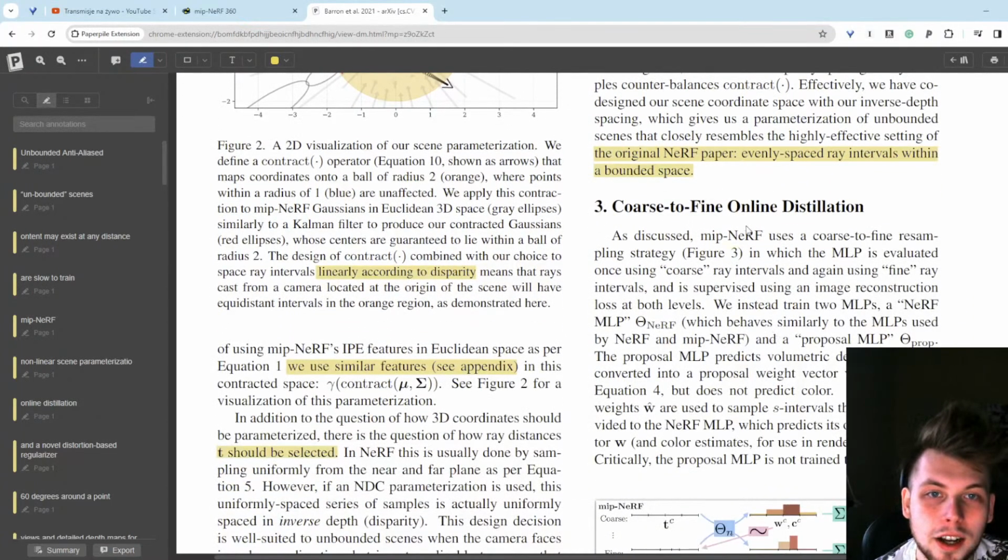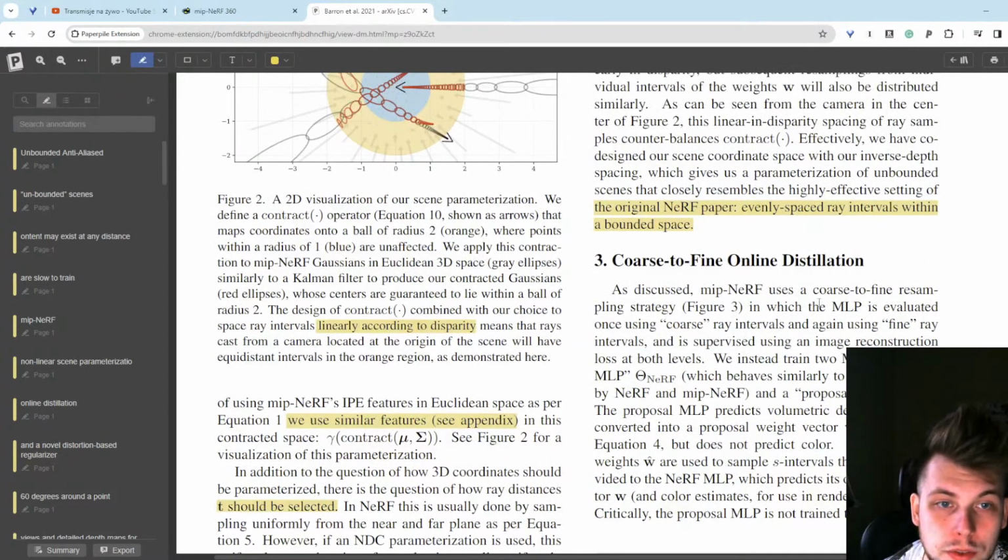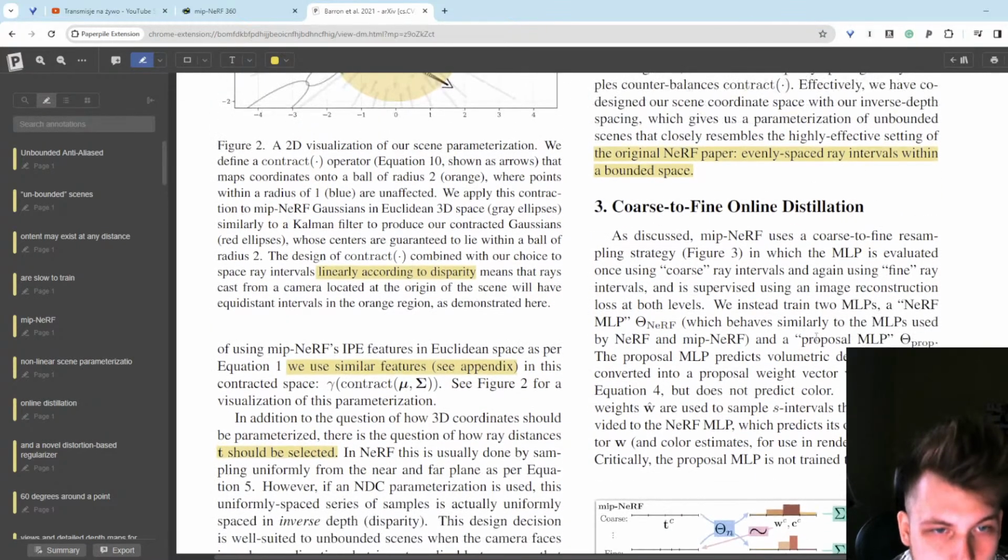Okay, what's next? Coarse-to-fine online distillation. That will be the idea for this proposal network. As discussed, Mip-NeRF uses a coarse-to-fine resampling strategy in which the MLP is evaluated once using coarse intervals, again using fine intervals, and is supervised using an image reconstruction loss at both levels. Instead, we maintain two MLPs, the NeRF MLP and the proposal MLP.